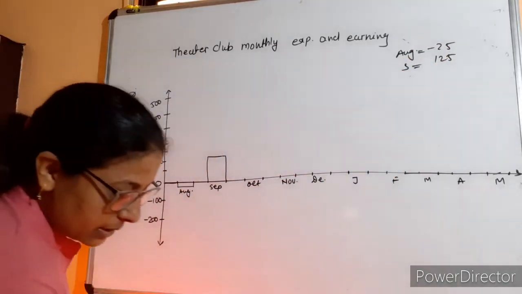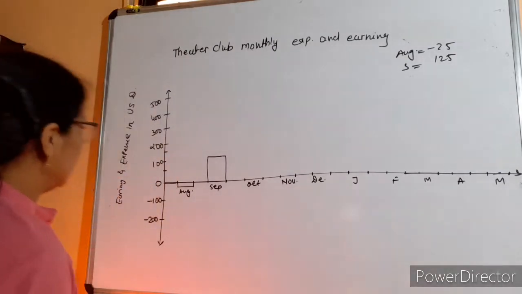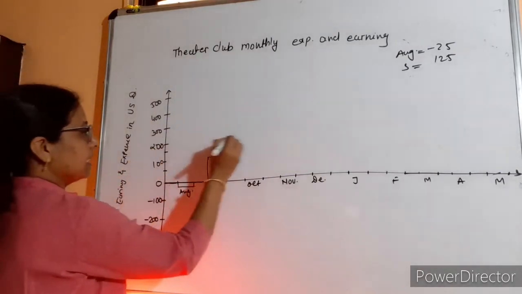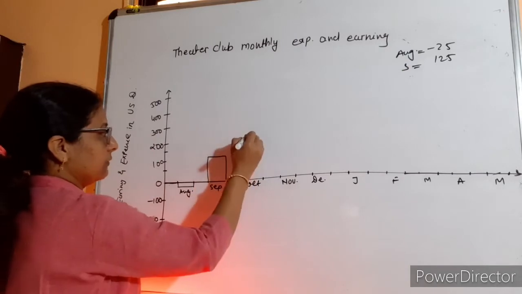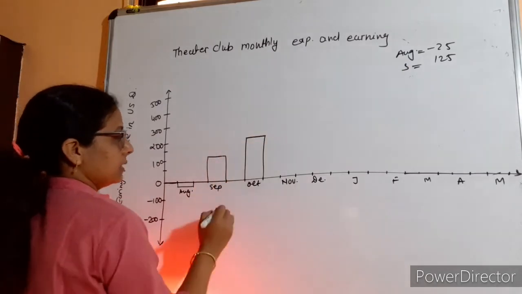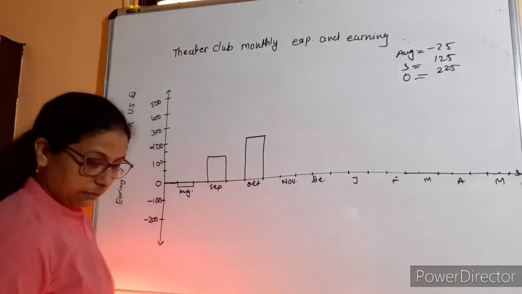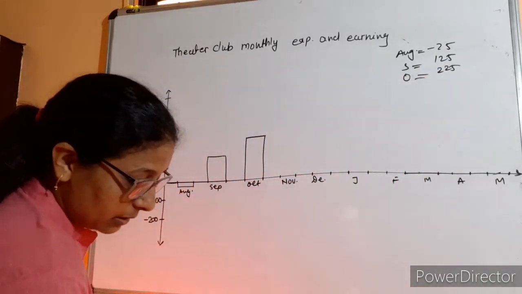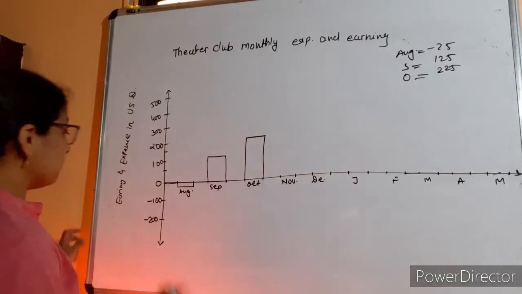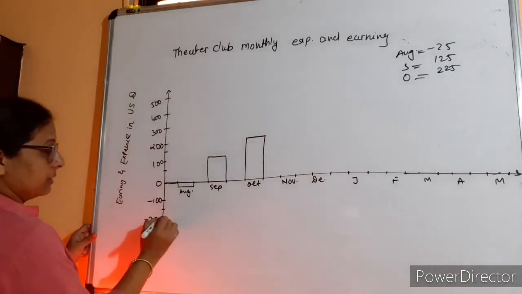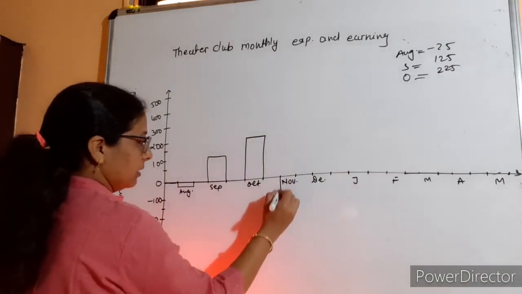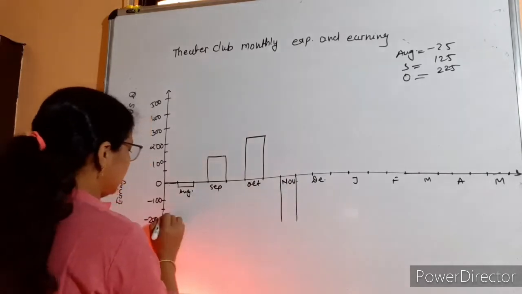Then October, it is given 225. October is 225, and it is positive. November again goes to loss. It is 175. This is 150. So here is 175. November goes in loss.